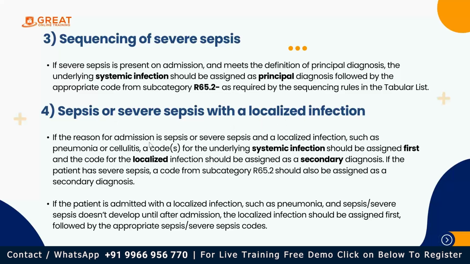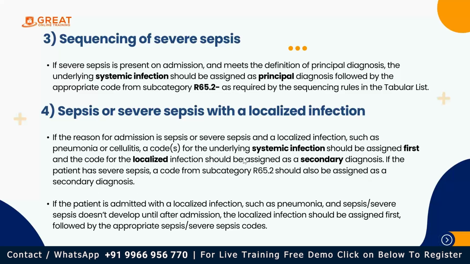Then sepsis or severe sepsis with a localized infection. If the reason for admission is sepsis or severe sepsis and a localized infection such as pneumonia or cellulitis, a code for the underlying systemic infection should be assigned first and the code for the localized infection should be assigned as a secondary diagnosis. If the patient has severe sepsis, a code from category R65.2 should also be assigned as a secondary diagnosis.